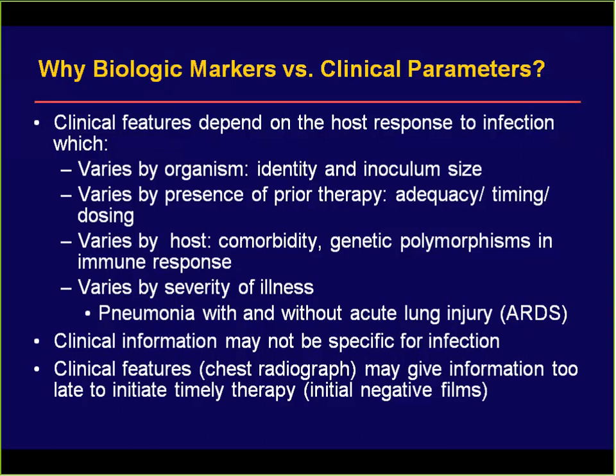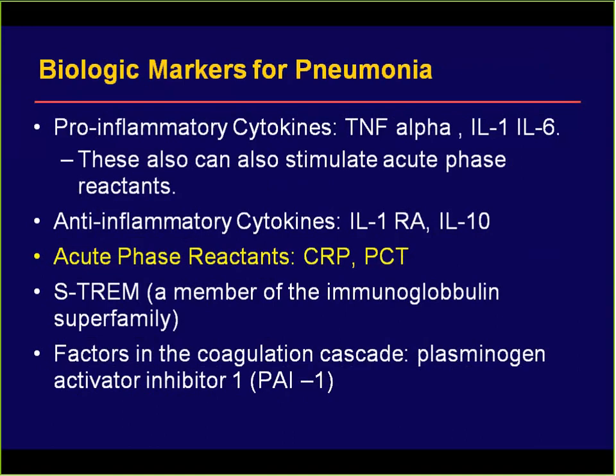A lot of the clinical features, as you know, that we rely on are not very specific for infection, and some of the clinical features give us information too late in the course to initiate timely therapy. We're all familiar, for example, with dehydrated patients with pneumonia, where the infiltrates can be subtle. After we hydrate them, we can see the infiltrates much more clearly.